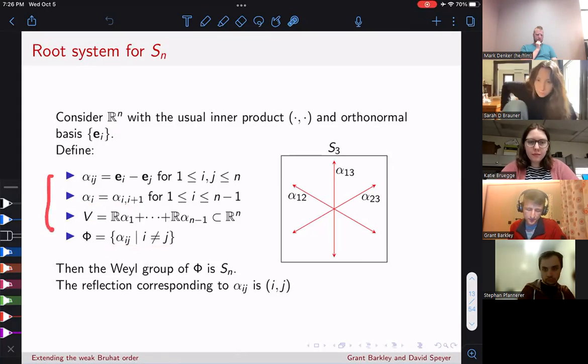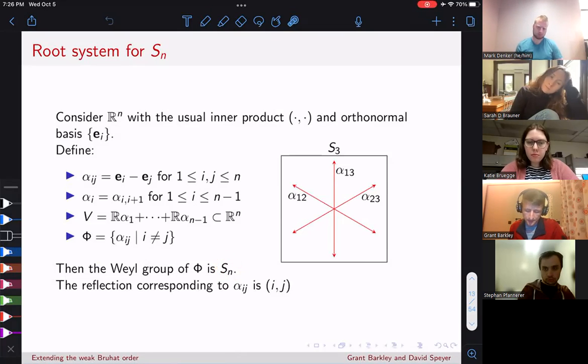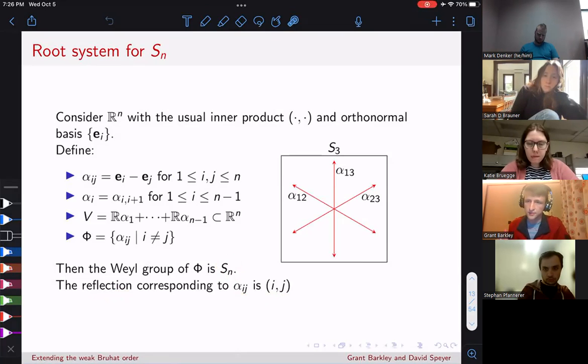If we define a root system in this way and look at the group generated by the reflections over these roots, it turns out that this group is isomorphic to the symmetric group. And the reflection over the root alpha_ij is just the transposition swapping i and j. So this is a generalization of the thing we saw for S3.